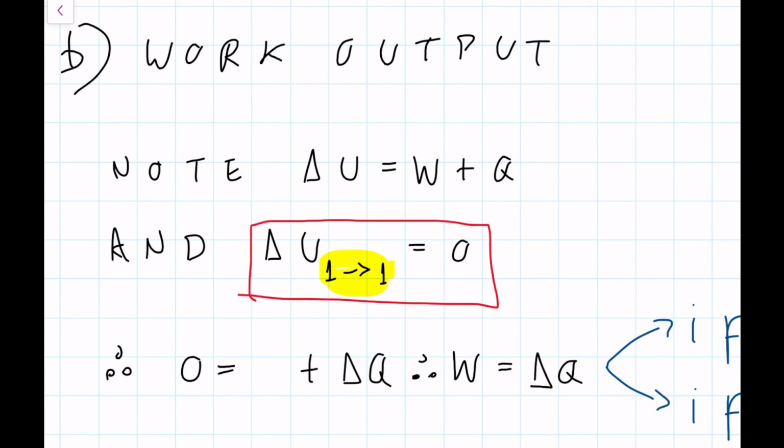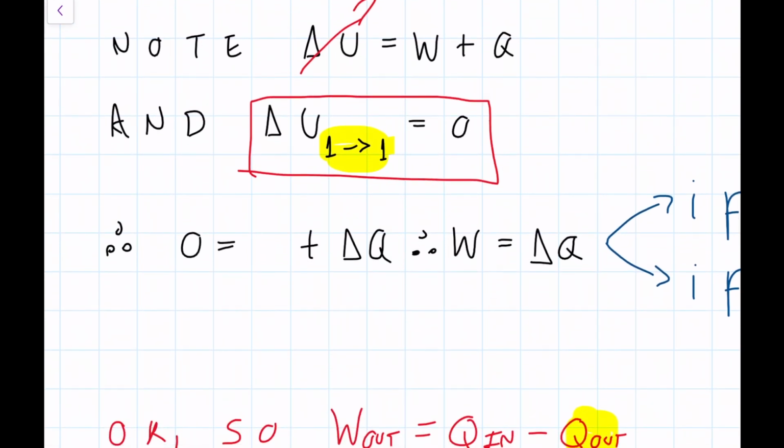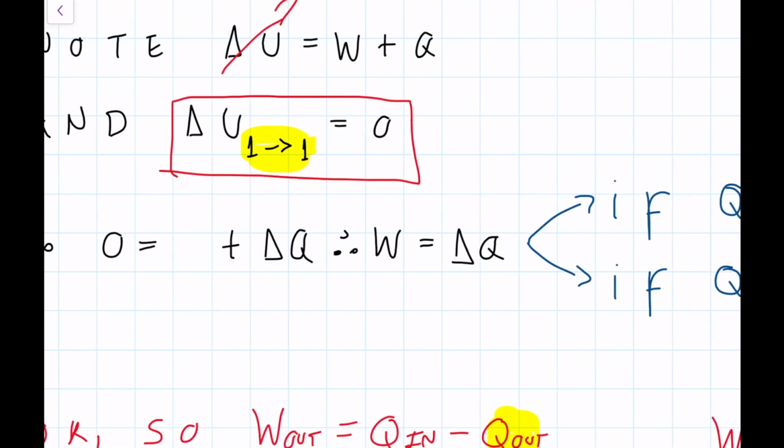I can take advantage of that, because if my delta U is 0, this goes to 0, and then I know that my work has to be equal to the net heat. All right? So that's why we looked at that graph in the first part of the video, in which we saw how much work was being done by the area. So check it out. Because delta U is 0, that means that my work equals my delta Q.